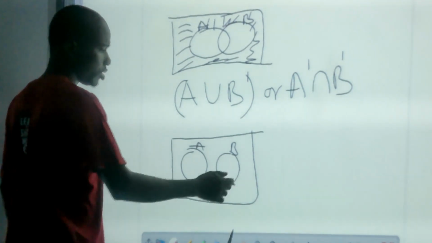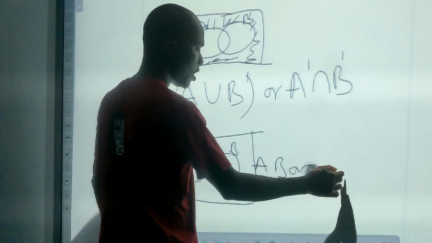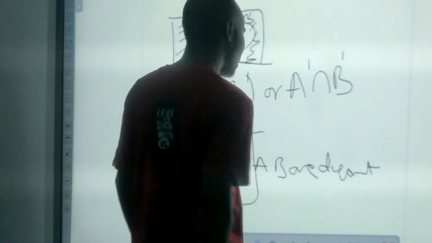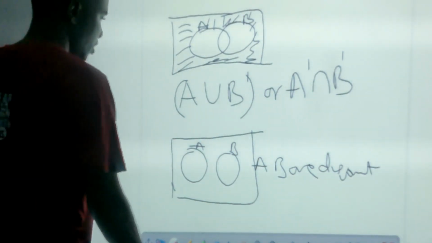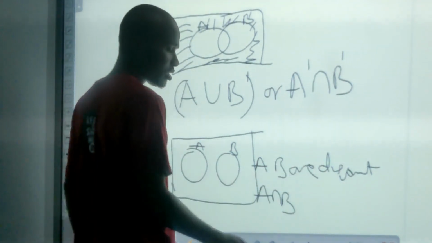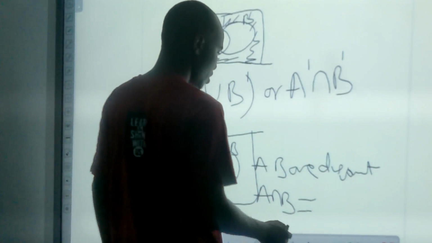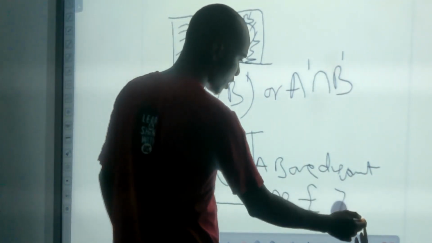What are disjoint sets? Sets that do not have anything in common. So we say A intersection B for a disjoint set is equal to the empty set. Is that okay?